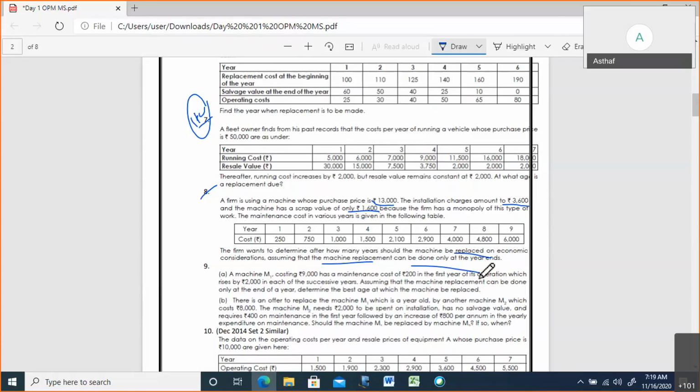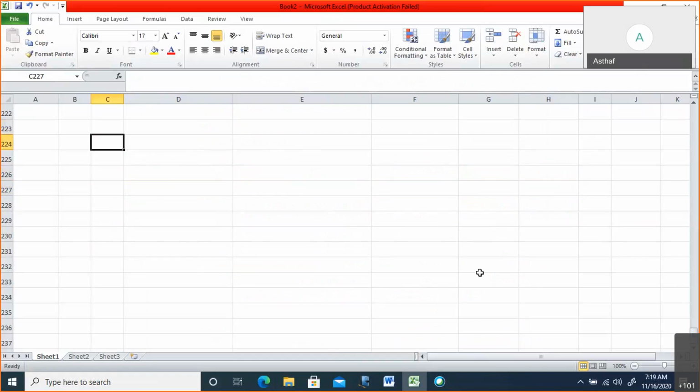We have costs up to 9 years. We have already learned it. There is no need to go up to 9 years and more, but still let us make it for 8 years.